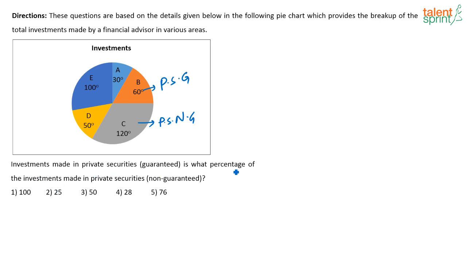So, if I say 60 is invested in private security guaranteed, 120 is invested in private security non-guaranteed. So, what is the percentage that I am looking for? 60 divided by 120 into 100, that is equal to 50%. Answer is option 3, 50%.